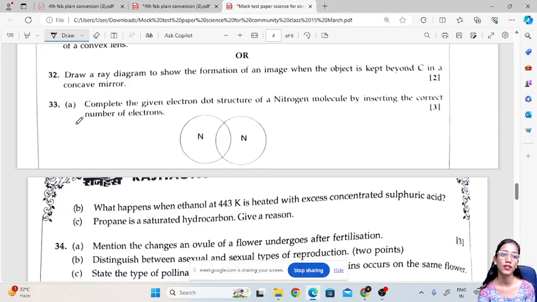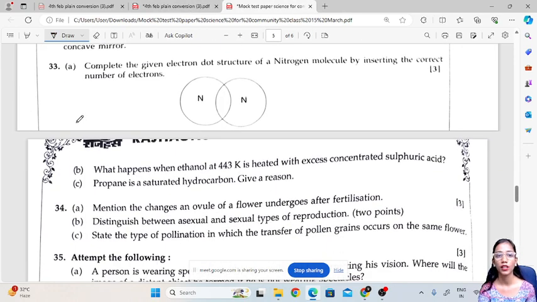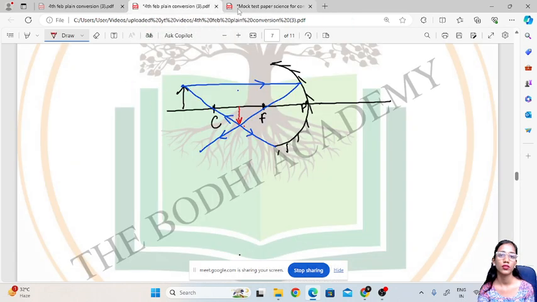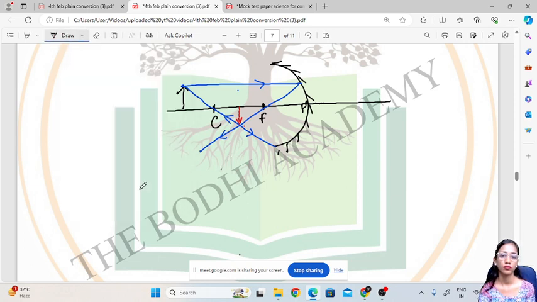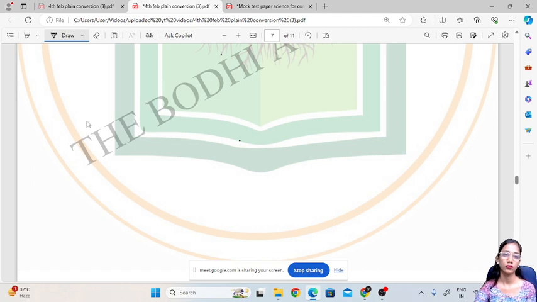The next question is question number 33A. Complete the given electron dot structure of a nitrogen molecule by inserting the correct number of electrons. Now let us see how this is done. The molecule given over there is nitrogen, right?